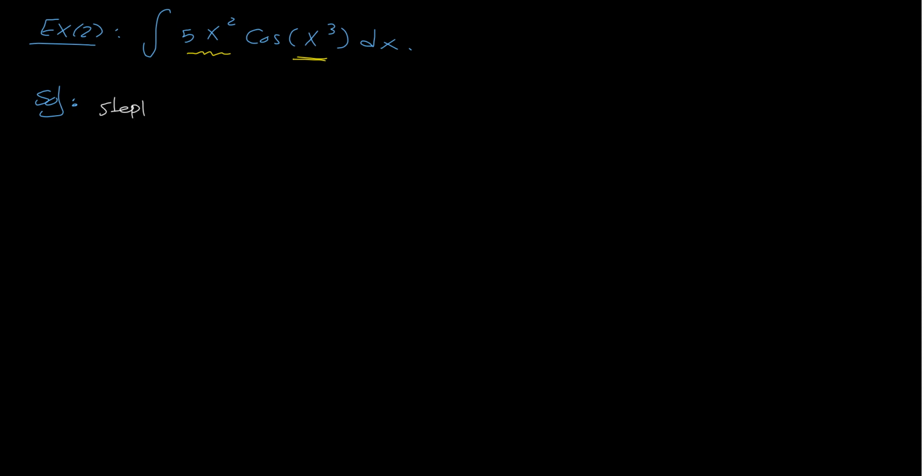Step number 1, we let u equals x cubed. Then we find the differential of both sides. Now, before we move to the second step, let's see which part we need to get rid of.